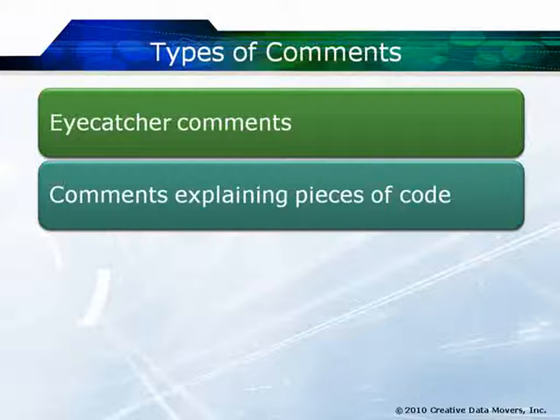Because you're not going to be the only person who has to do maintenance on this. There will be other programmers who have to do maintenance. And you very well may end up doing maintenance on somebody else's code, that is, making changes to incorporate new standards and new functionality.